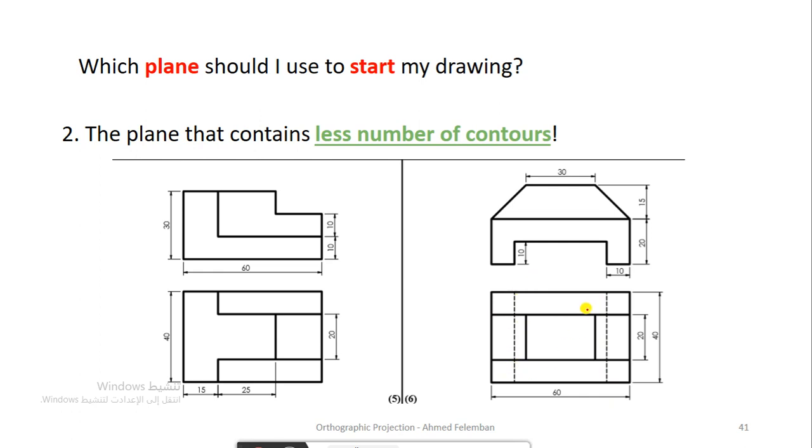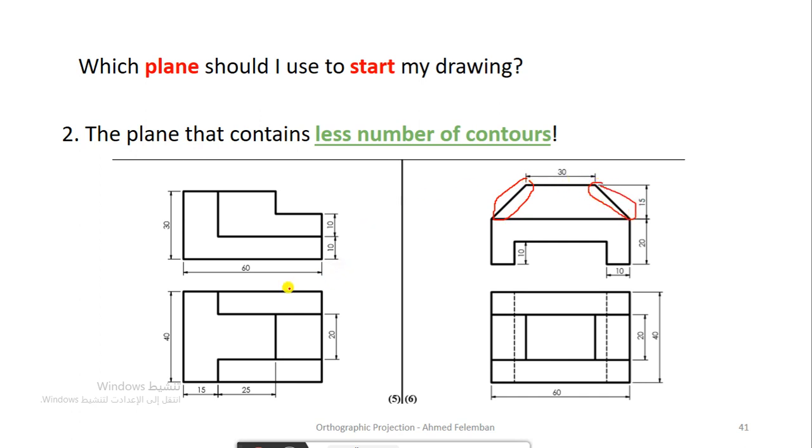We don't consider the dash lines. So what should I choose? Obviously the front, because it has the fewest contours, and it also has diagonal lines.